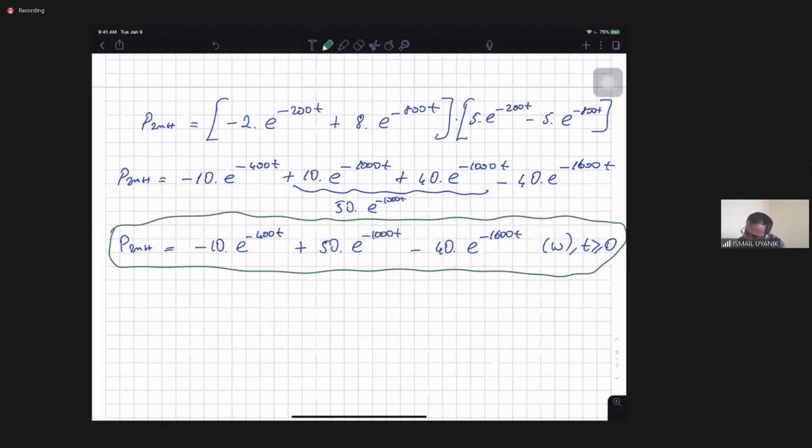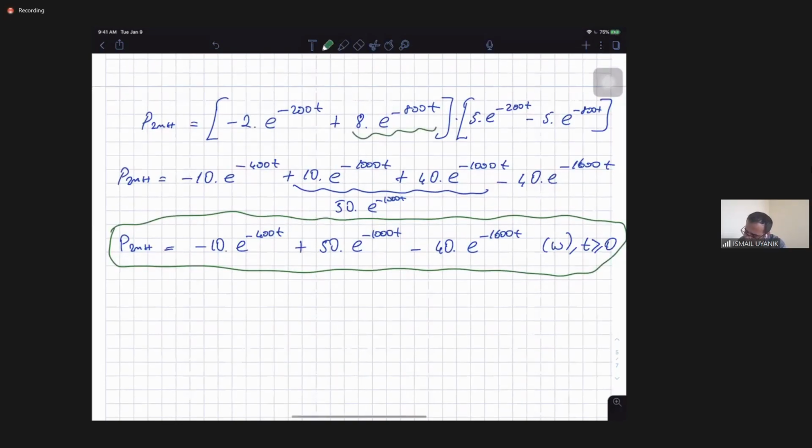Like we are multiplying this term with this term, right? So 8 times minus 5 is minus 40. And then both have powers minus 800 and minus 800. I just, sorry, sum them up. My mistake. Sorry. Okay, perfect. Okay, no problem. Okay, now since we agreed, I will be continuing on this one.